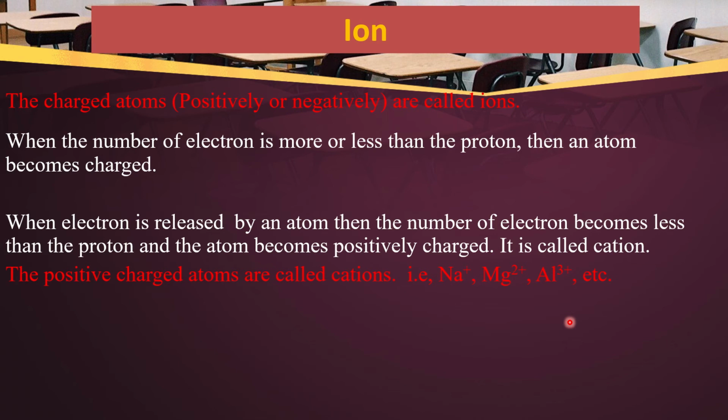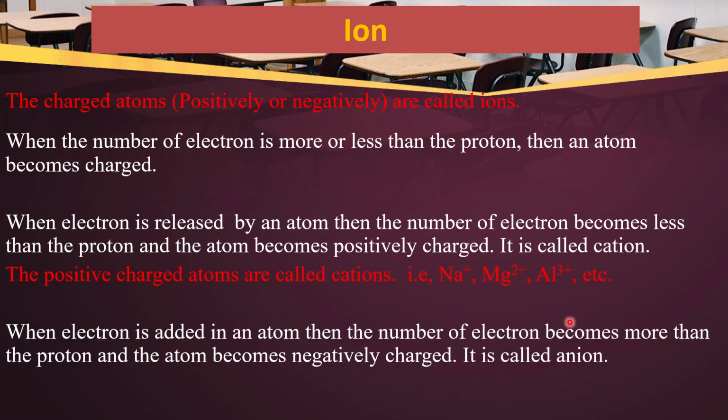The atoms which accept 2 electrons will become dinegatively charged, and the atoms which accept 3 electrons will become trinegatively charged. So when electron is added to an atom, then the number of electron becomes more than the number of proton and the atom becomes negatively charged.